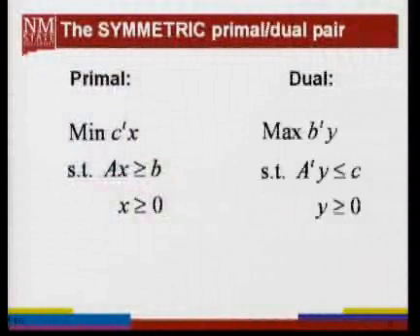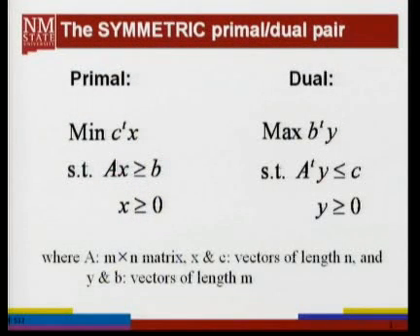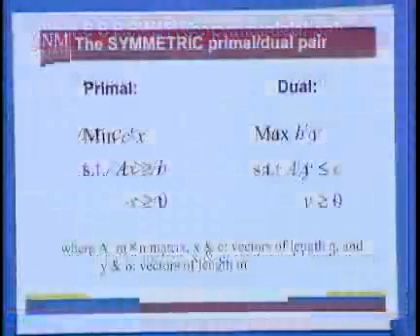Last time we learned about the basic idea of duality in linear programming, which includes the economic interpretation of duality. We considered this symmetric primal-dual pair to describe some properties.